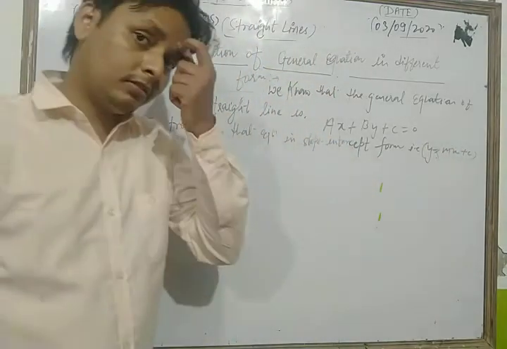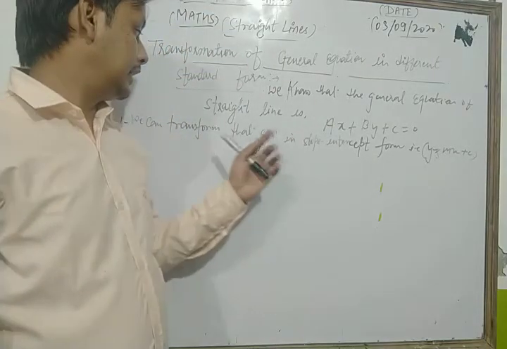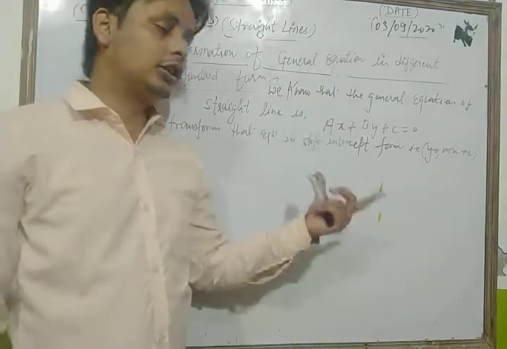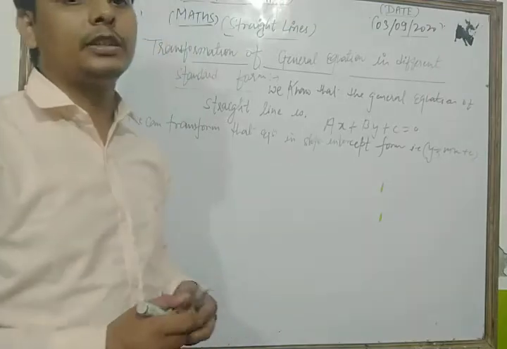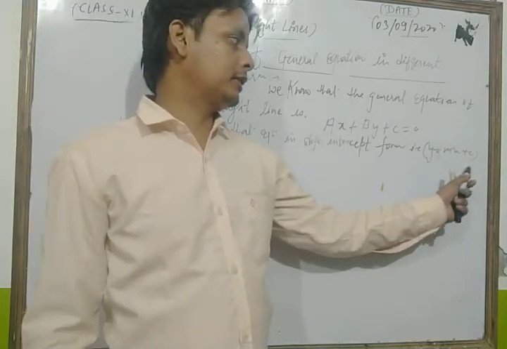Dear student, you know that very well. The general equation of a line in slope intercept form is y is equal to mx plus c.